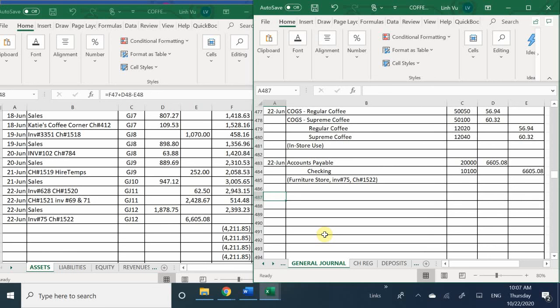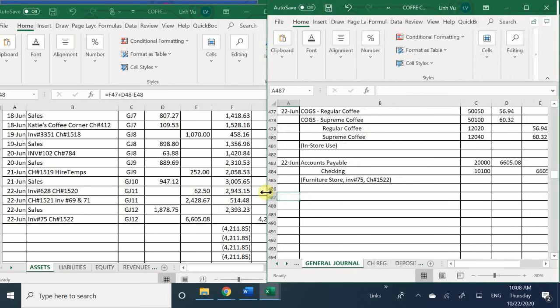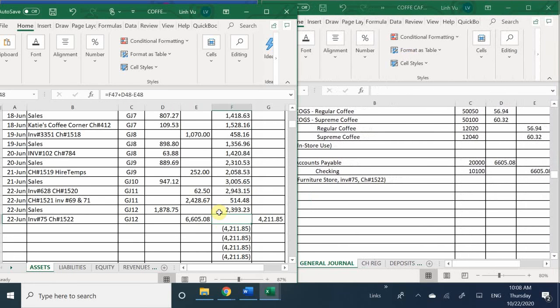That reflection of $4,211.85 is true. Earlier it was like, well, we didn't make the deposit, so it was going to lessen that 4211.85. But in actuality, that's a true statement because we put it in there already. Okay, got you. I'm good now.